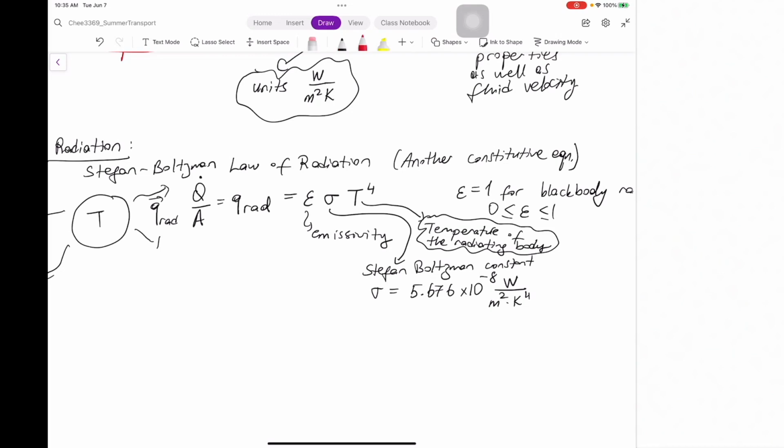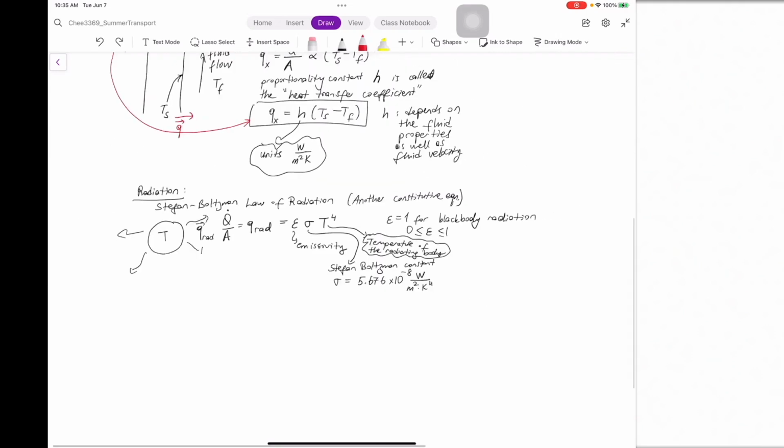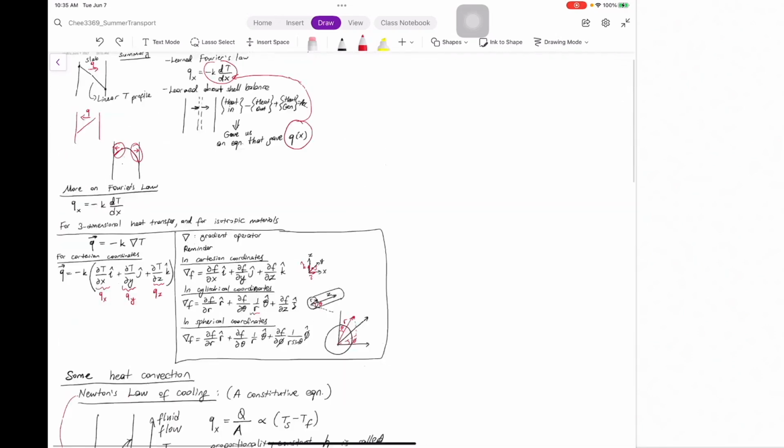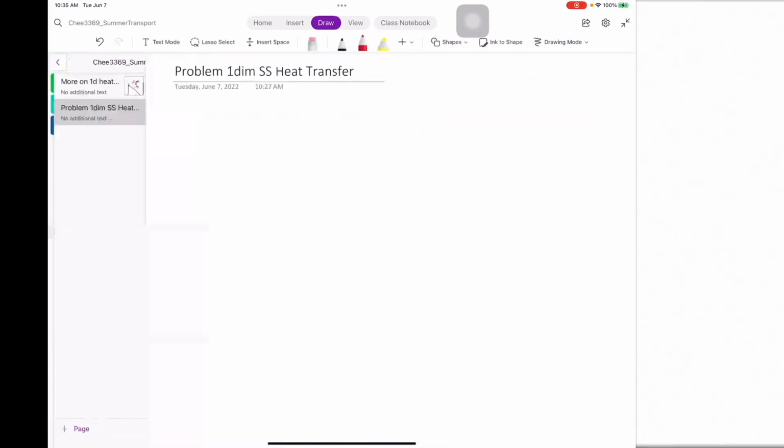Since you have T to the power 4 here, the effect of temperature is actually tremendous. So you start to see the radiation when you heat up most objects to around 700 or 1000 Kelvin. You start to see the metals shining when you heat them, and so on. Okay, so that was all about the preliminaries. Now let's work on a problem.